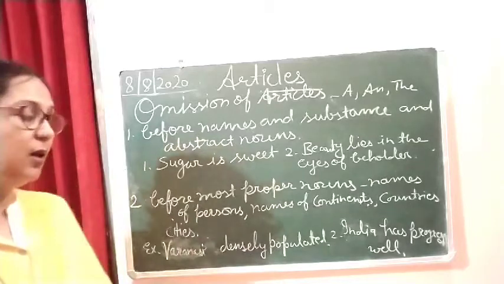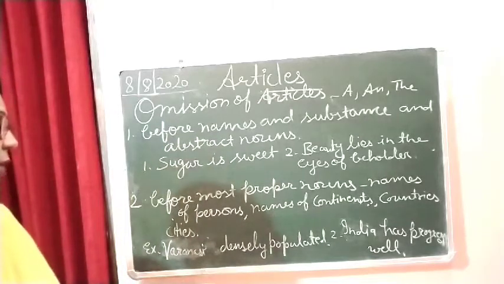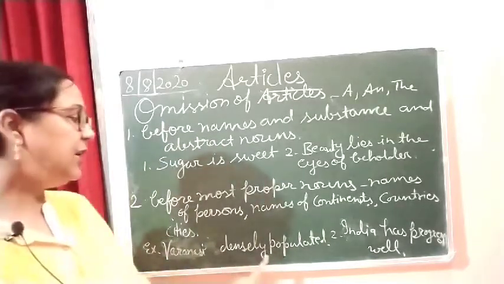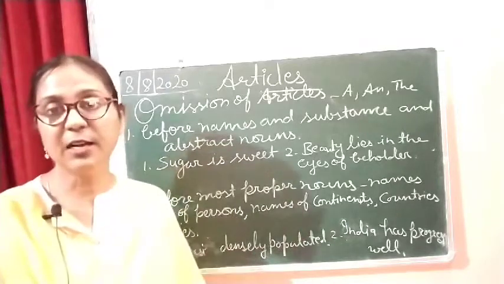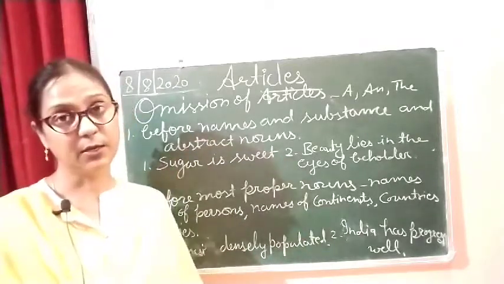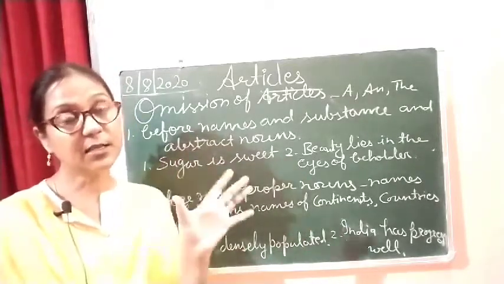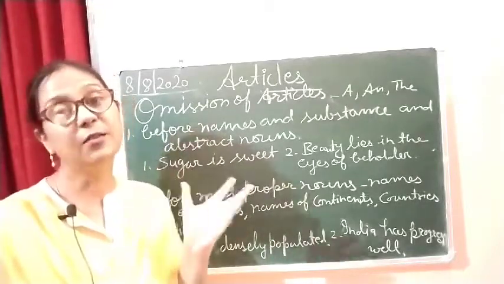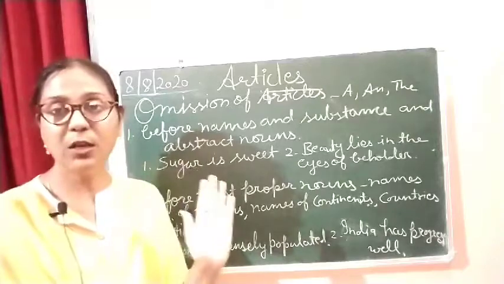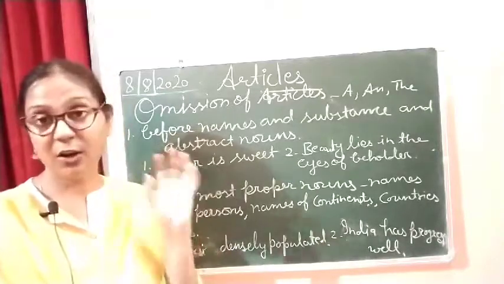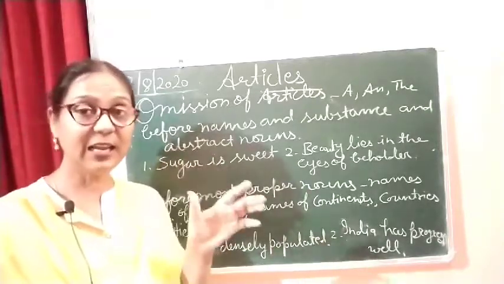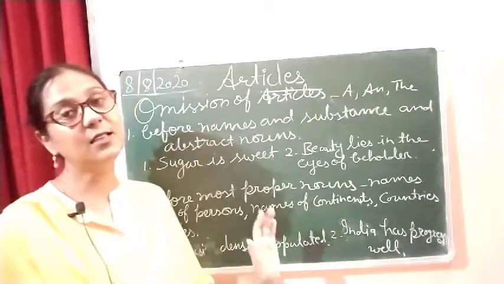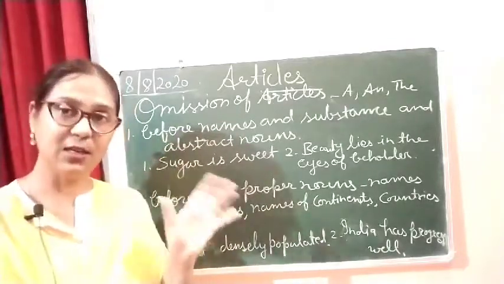First of all, I have given some examples. "Varanasi is densely populated." Now here you can say Varanasi is a city name. So we are not going to use "the" over here before Varanasi. There is no need to write it because we are not specifying. We are just telling that Varanasi is a highly populated city.